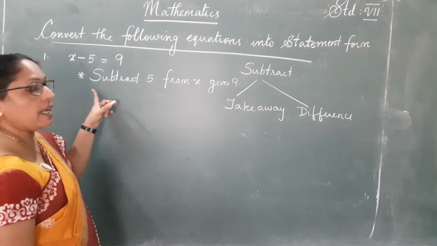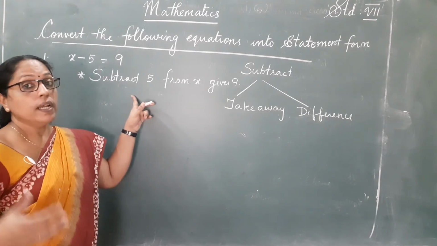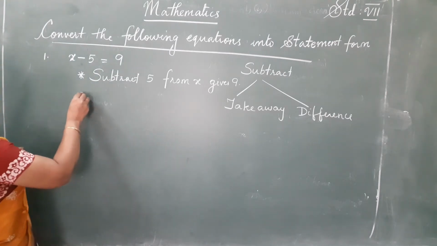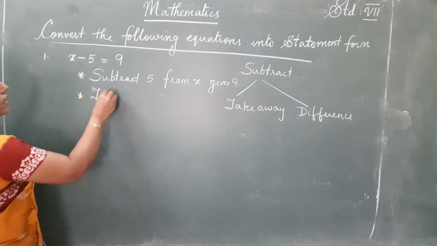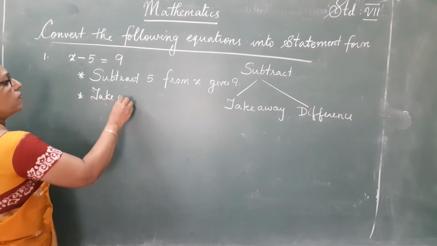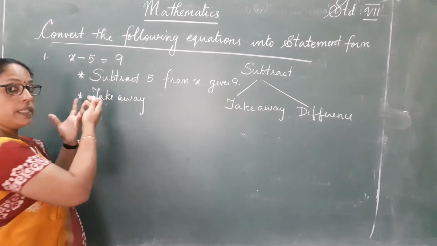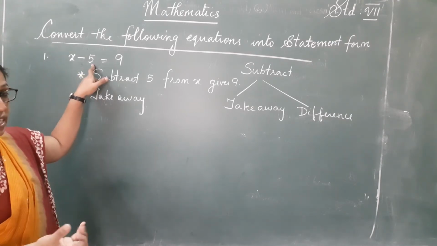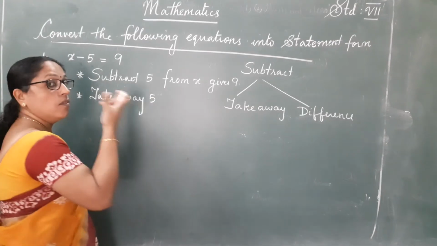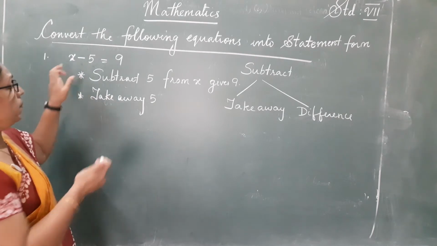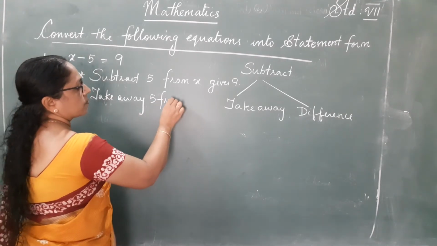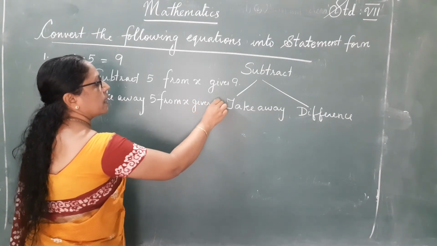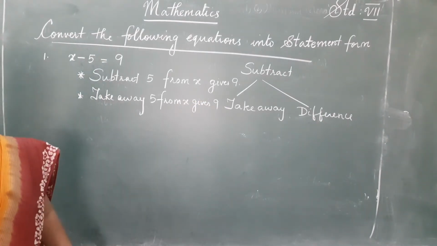Yes, instead of subtract, we use the words take away or taking away. What should be taken away? Yes, 5. Take away 5 from x gives 9, or is equal to 9.